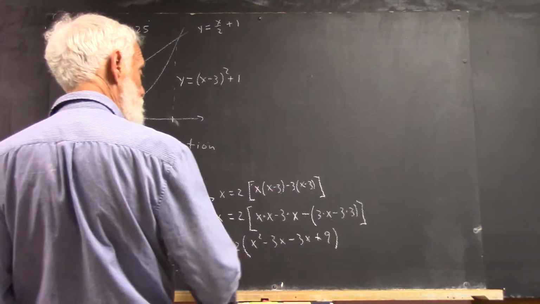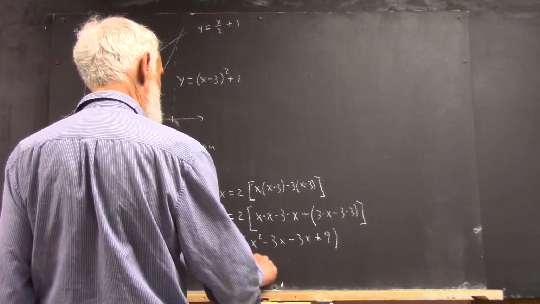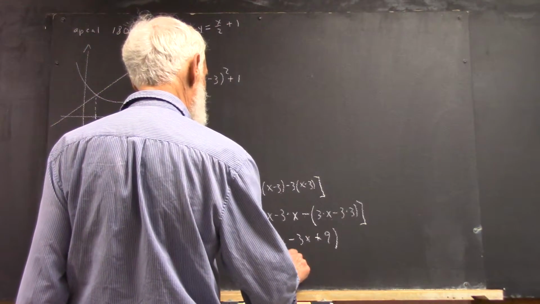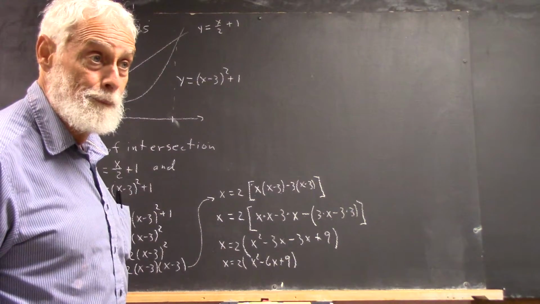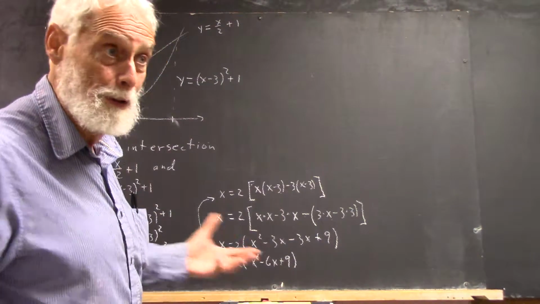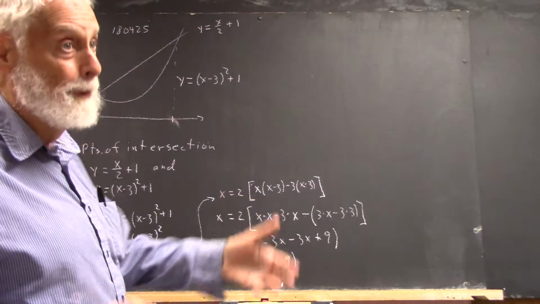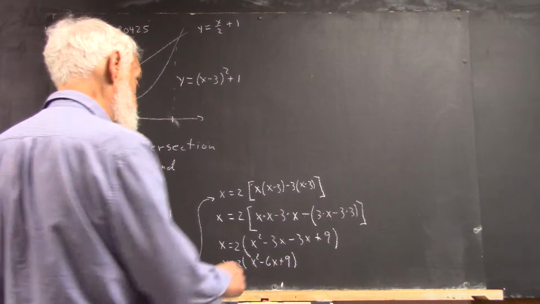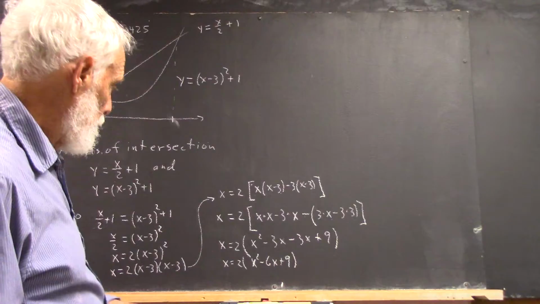So now we can distribute, well, let's see, so x is 2 times x squared minus 6x plus 9. There's also a formula for the square of a binomial, and it's okay to know that, as long as you know where it comes from, the distributive law. A plus b, quantity squared, is a squared plus 2ab plus b squared. Okay? And that's easy to figure out from the distributive law.